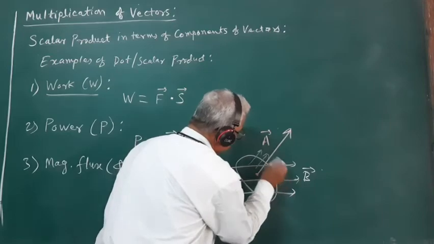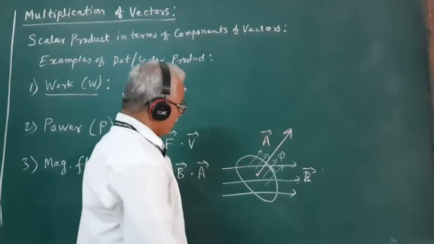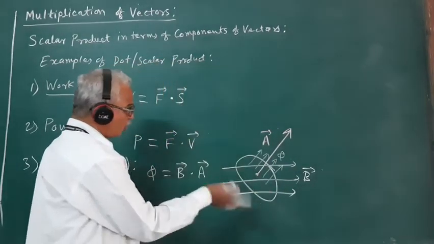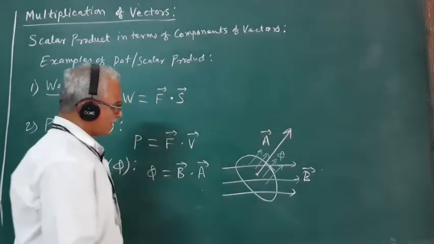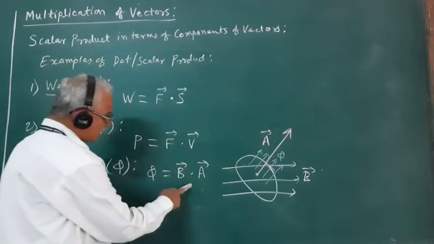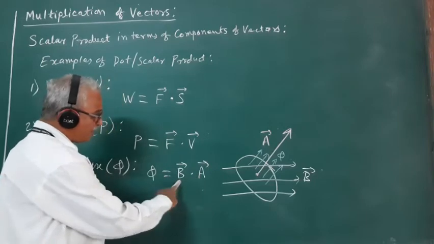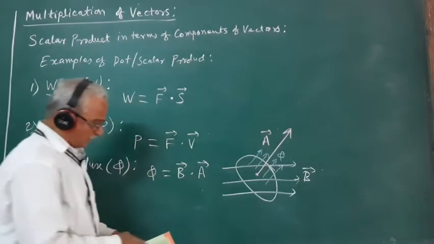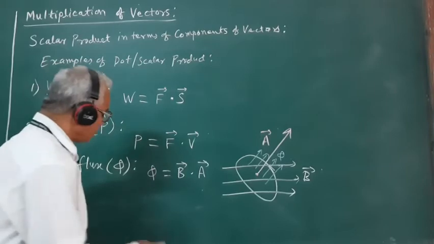This is the flux phi. This flux phi passing normally through this area A is obtained by using the dot product of B bar and A bar. So this is B A cos theta.